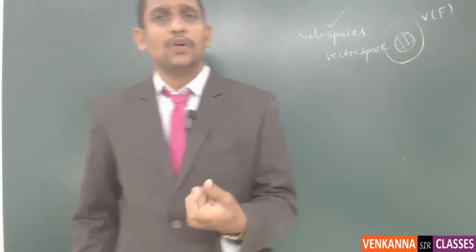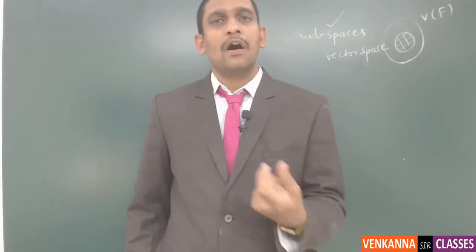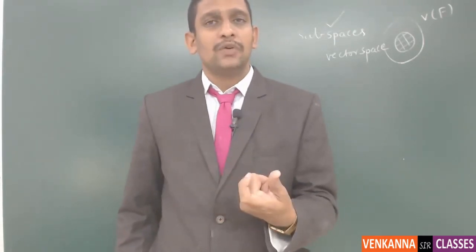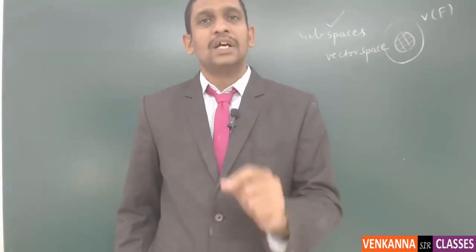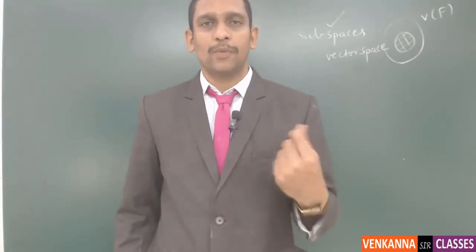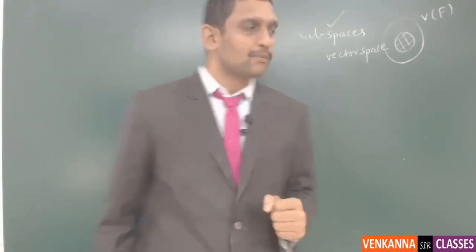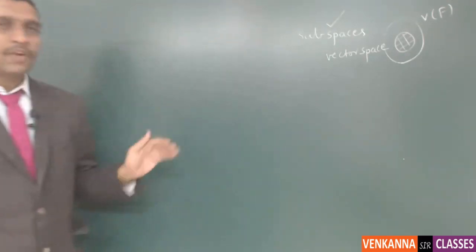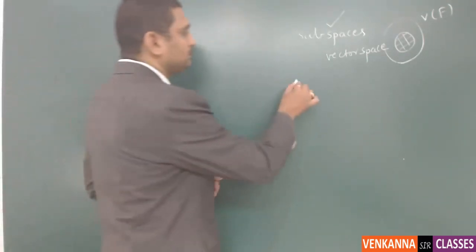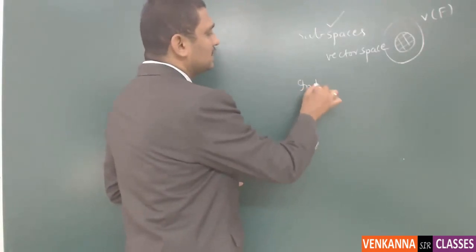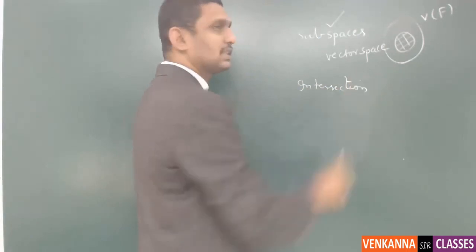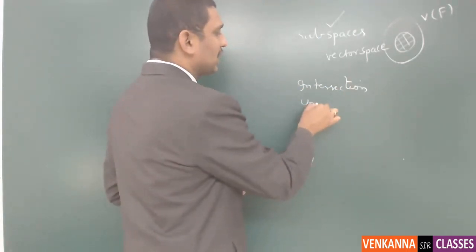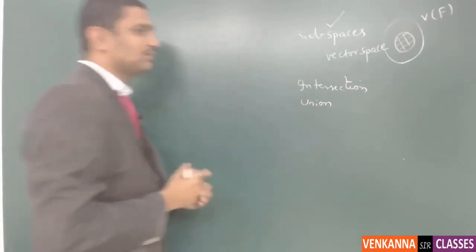So whenever we utter a result or a theorem, it is not only applicable to numbers, it is applicable to every set which satisfies the specific properties given earlier. Now, what happens if you consider the intersection of subspaces and if you consider the union of subspaces?